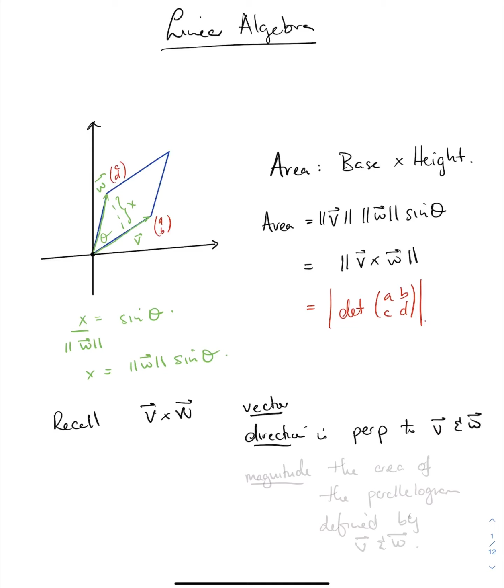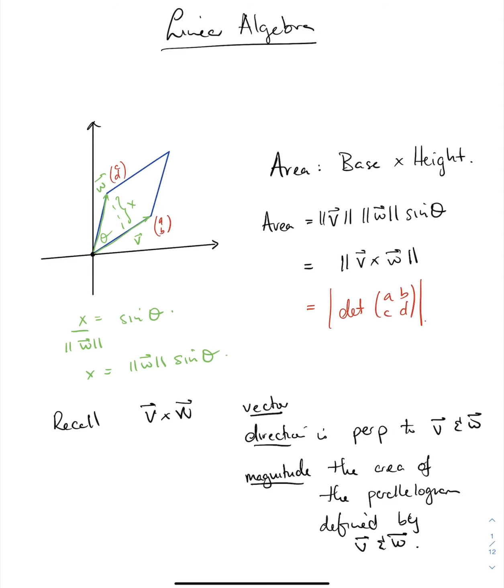So when v and w are different vectors, it's perpendicular to the plane defined by v and w, and its magnitude, the magnitude of this vector, is the area of the parallelogram defined by v and w as above.